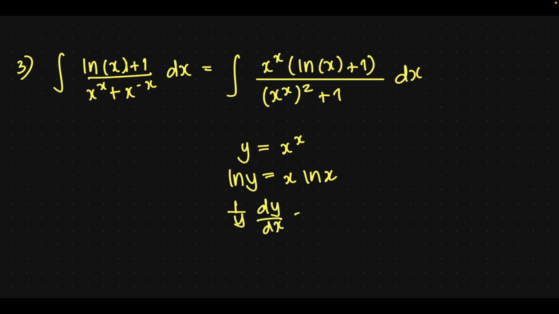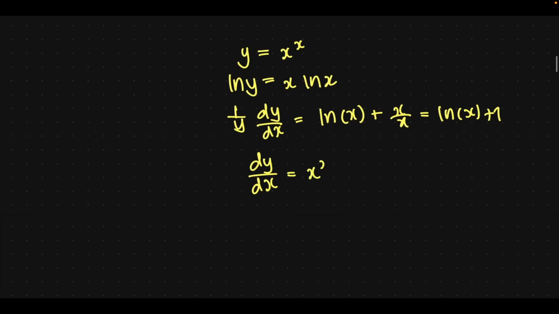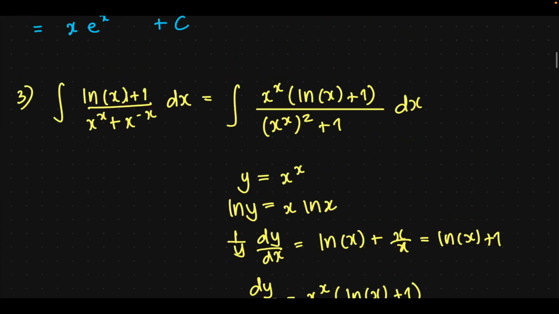That's just product rule, ln x plus x over x, which is just ln of x plus 1. So dy over dx in totality is just y times, y is x to the x, times that factor ln x plus 1, which is exactly what we have here in the numerator.